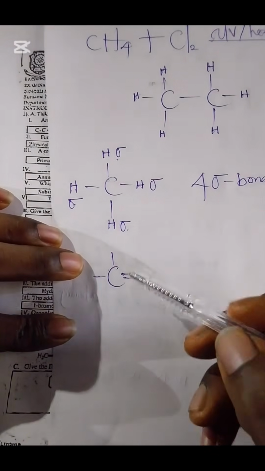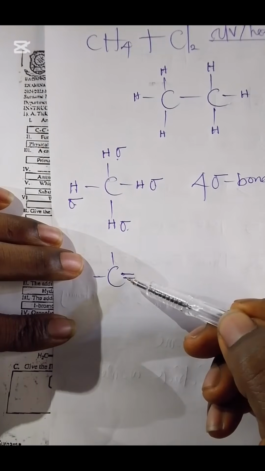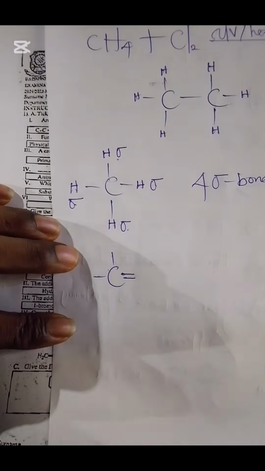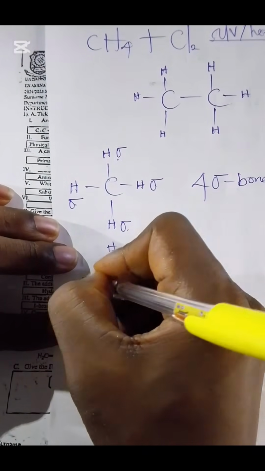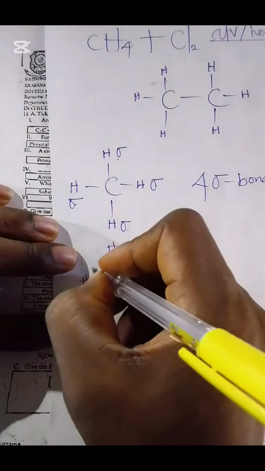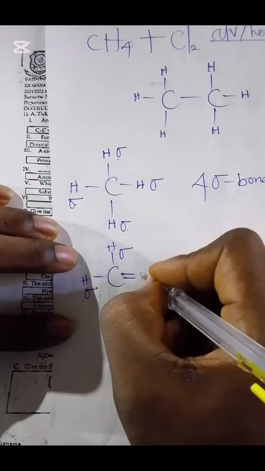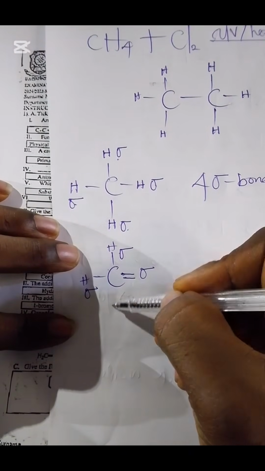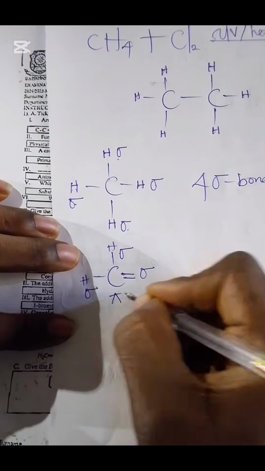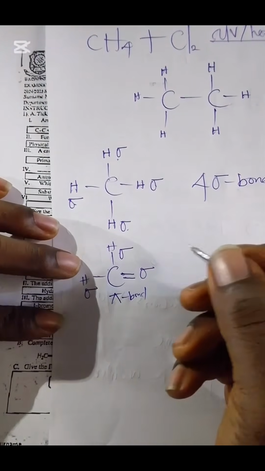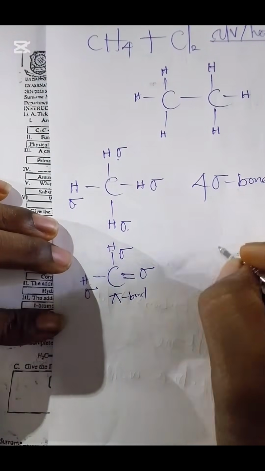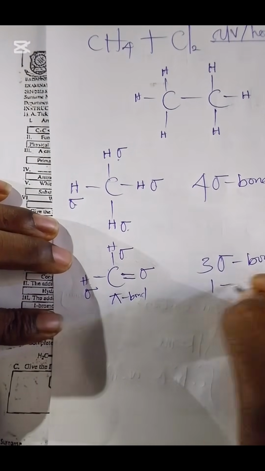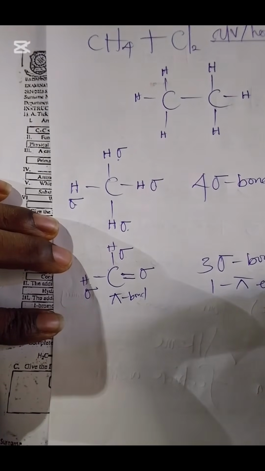To determine the sigma bonds, we have 1 sigma bond here and 1 sigma bond here. Because there's no sigma bond under here, this is a pi bond. Take note of this. In this diagram, we have 3 sigma bonds and 1 pi bond.